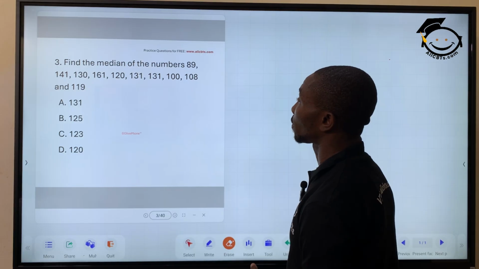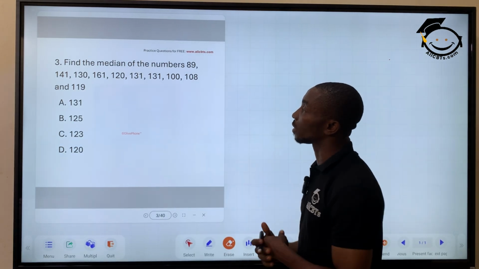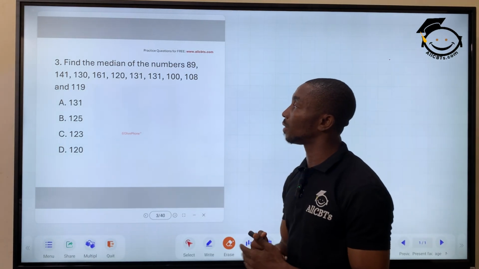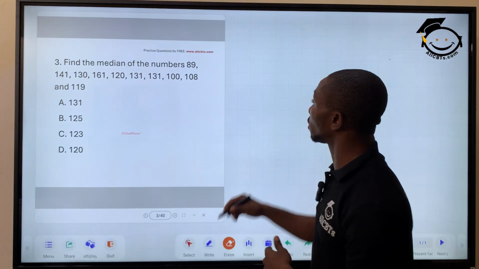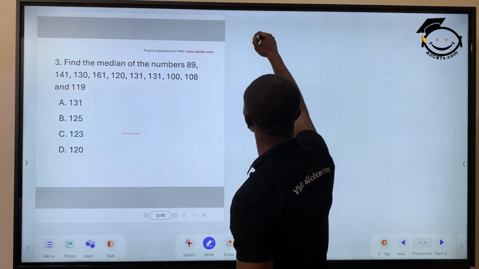Our next question says, find the median of the numbers. For us to calculate the median of this set of numbers, we would first of all rearrange in ascending or descending order. Let's start with the smallest, which is 89.